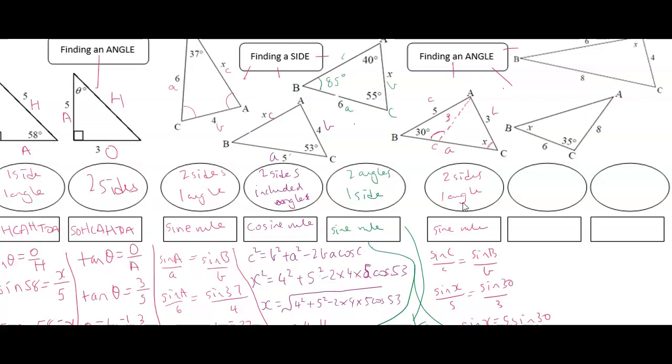Now, because these two sides are the same, you're going to get the same angle here, x. And that's why when we do the ambiguous case of the sine rule, we have this angle here, our acute one, but we have this angle here, our obtuse one, which is just 180 minus x.